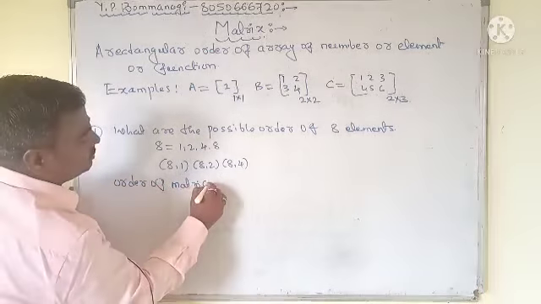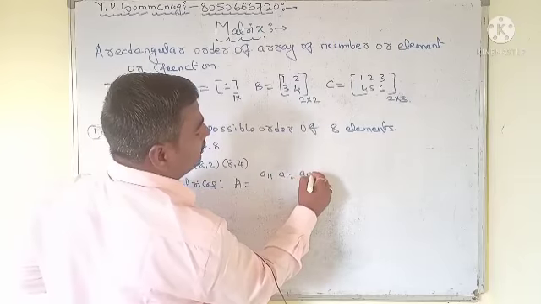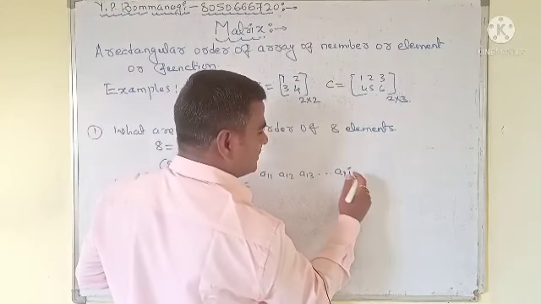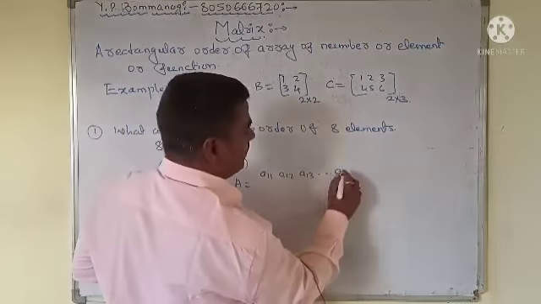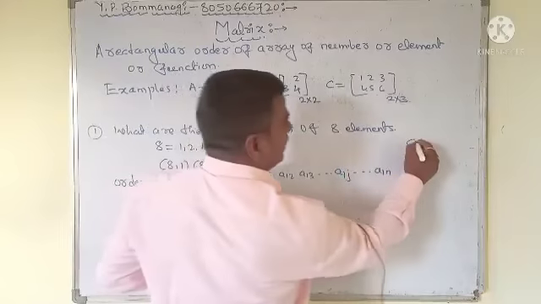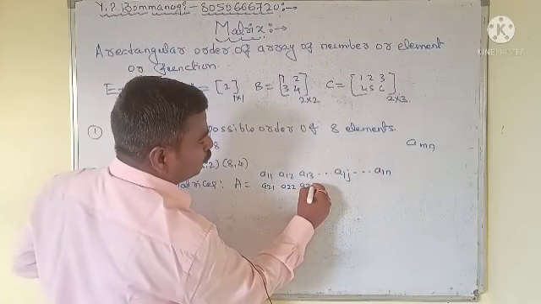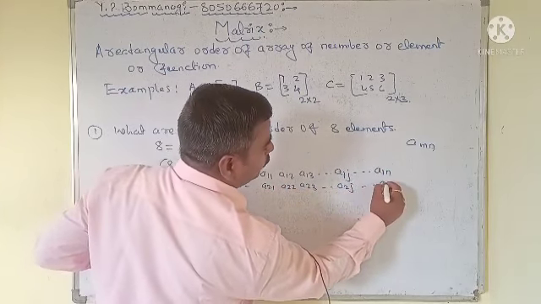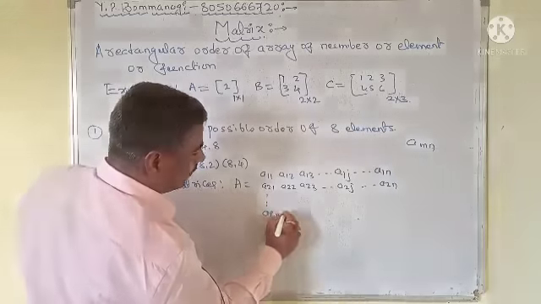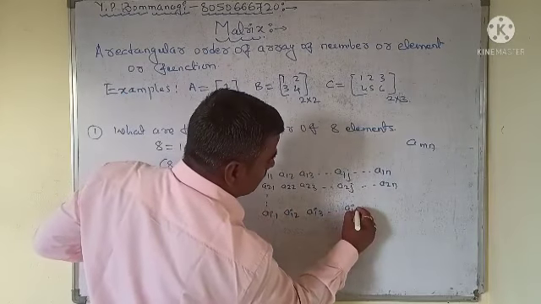I can consider the general form: a11, a12, a13, so on to a1j, up to a1n, then a21, a22, a23, so on to a2n, then ai1, ai2, ai3, so on to aij, up to ain, and am1, am2, am3, so on to amn.